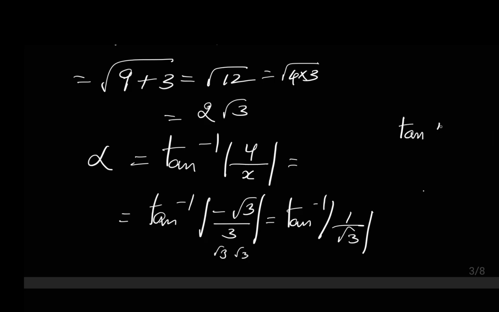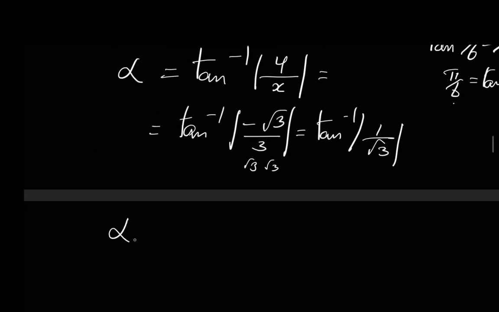Tan 30, that is pi by 6, is equal to 1 by root 3. So pi by 6 is tan inverse of 1 by root 3. So therefore our alpha is equal to pi by 6.